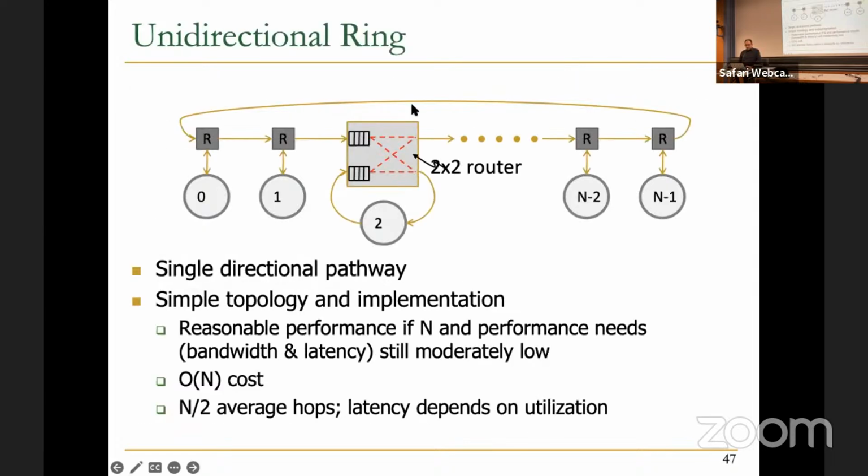This is a unidirectional ring where you can only send packets in one direction, here counterclockwise. Again, it is a simple topology and implementation, with reasonable performance if n and the need for performance are still moderately low. The order is O(n) as we discussed, and the average hop count is n over 2.